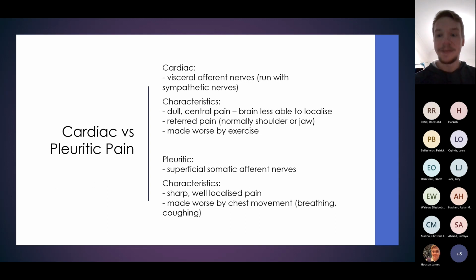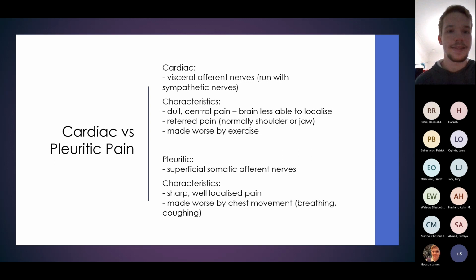Yep. So central crushing pain is the normal way people will describe it. Or people say it's quite heavy, like there's a band being tightened around them. And you said about the radiation as well. That's quite characteristic of cardiac pain. As I've said there, the cardiac pain itself is normally from the visceral nerves.